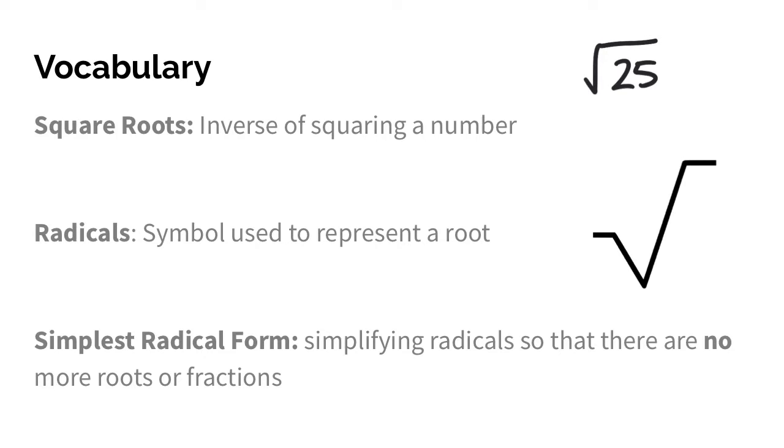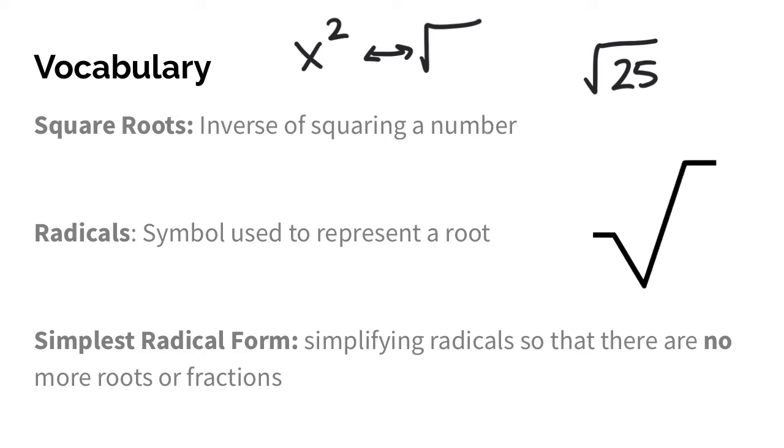What a radical, or a square root, does is it's the inverse of squaring a number. Quadratics take x and we square it. That's what makes something quadratic. So the inverse of squaring something, which means the opposite, is to take the square root.